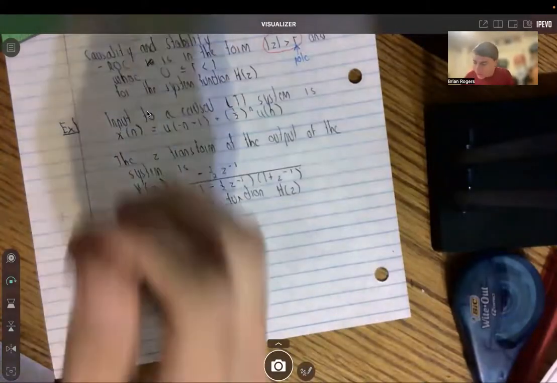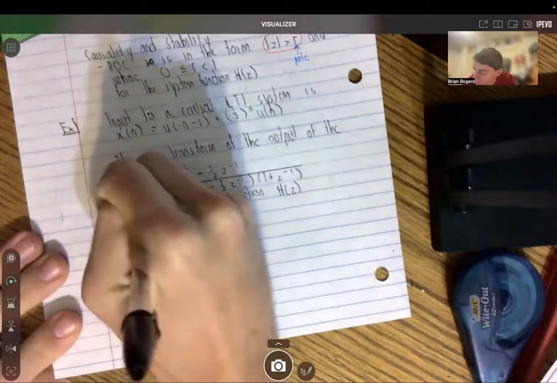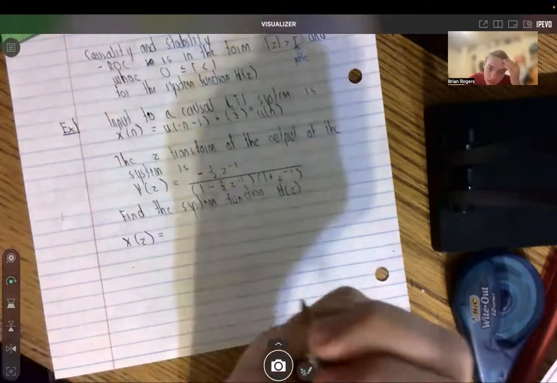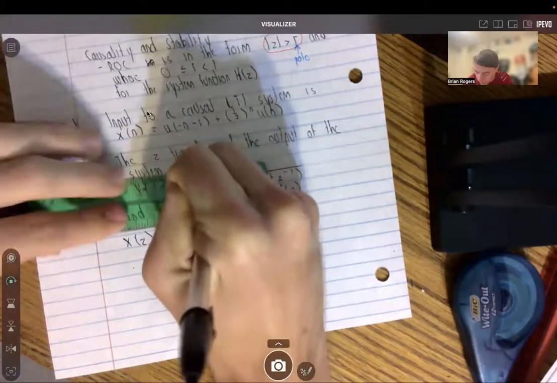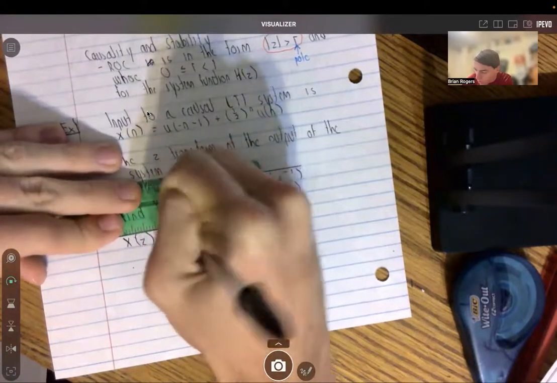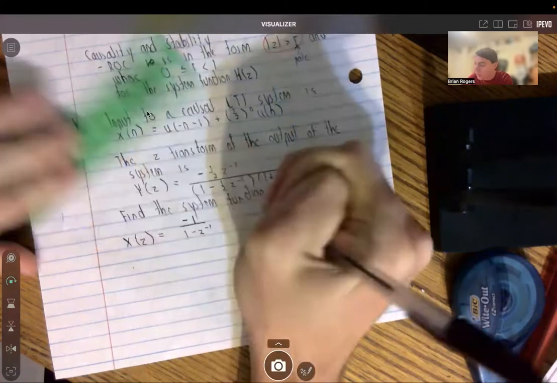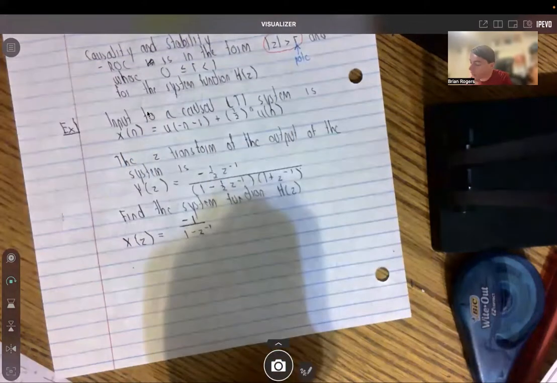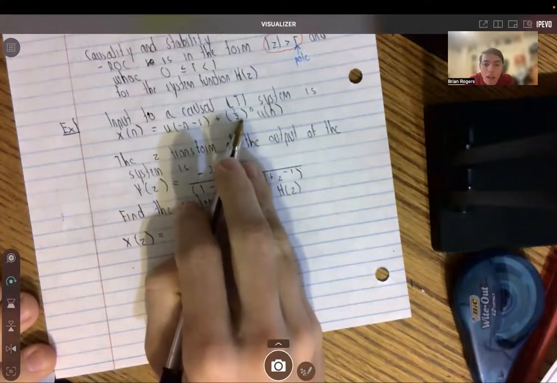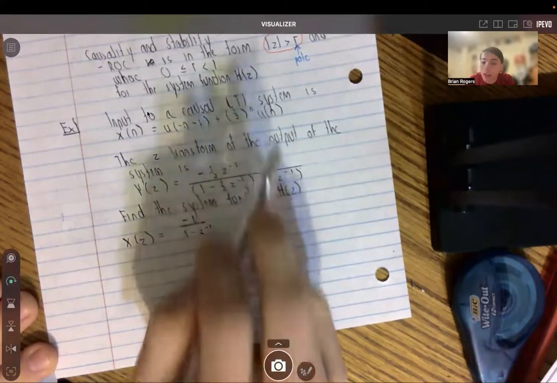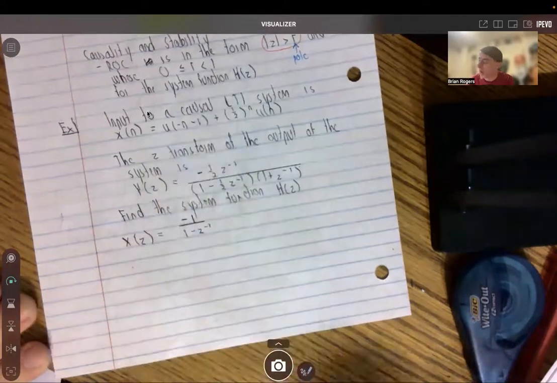And so when we take the z transform of that first part, what you're going to get for x of z is -1 all over 1 minus z to the -1. And then for the next part, this is alpha to the power of n, u of n, where alpha is 1/2.